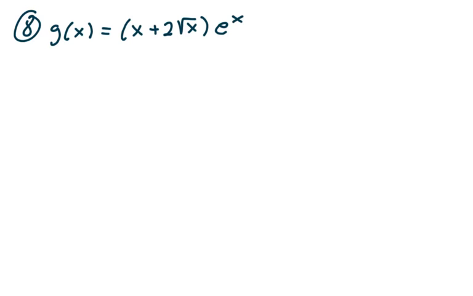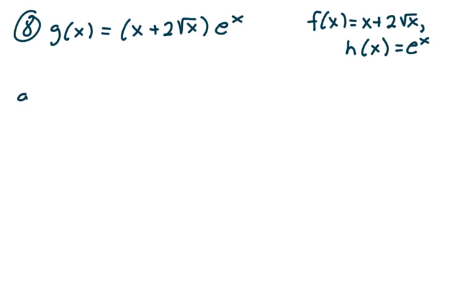And in this example, I'm going to say f of x is equal to x plus 2 square root of x. And since g of x is already taken, if you guys don't mind, I'm going to say the other function we'll call h of x is equal to e to the x. And so suppose I want to take the derivative.